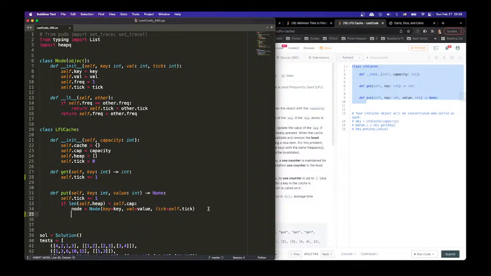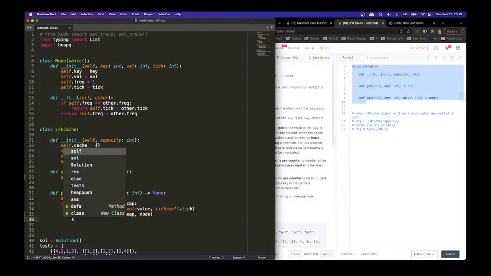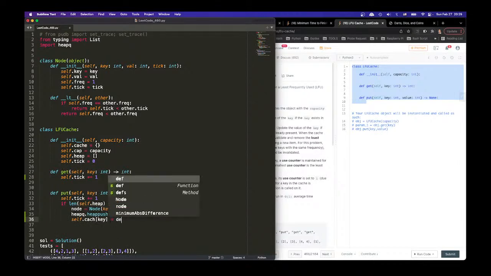So in this case, I'm just going to do heapq.heappush with self.heap and node, and I have to do self.cache[key] = node, and record the node.